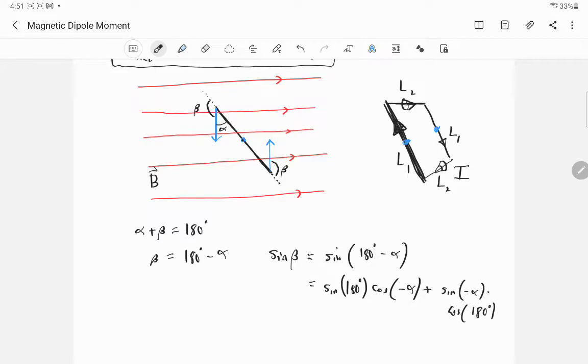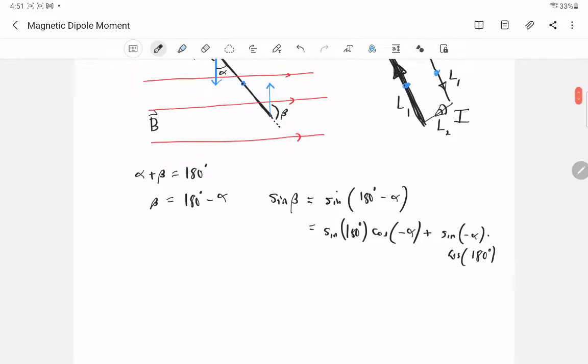So this is called a double angle formula. And the reason I do this is because of the following. The sine of 180 degrees is 0. That's one of the points at which the sine function goes through the angle axis. So the first pair of factors just goes to 0, and the only thing that counts is the other expression.